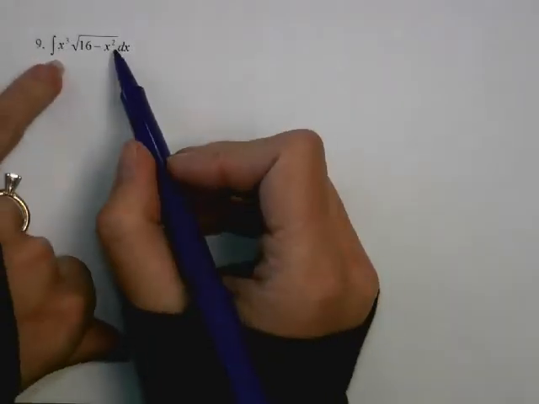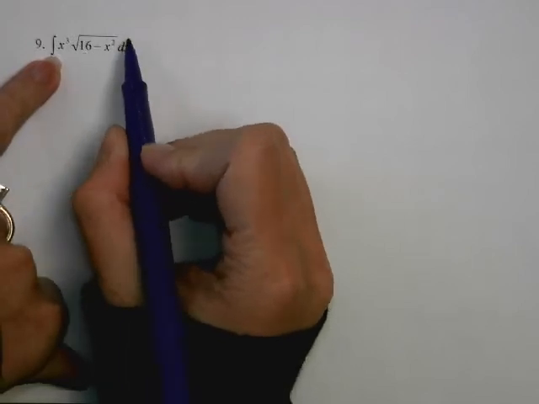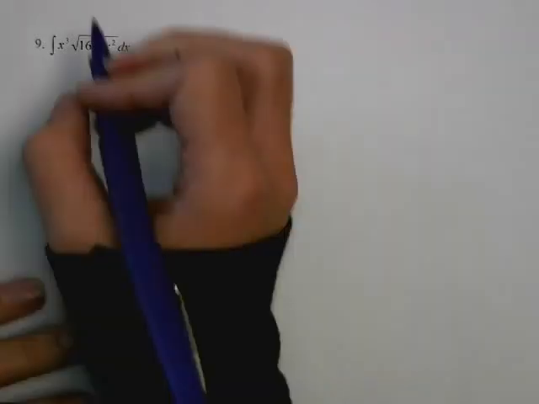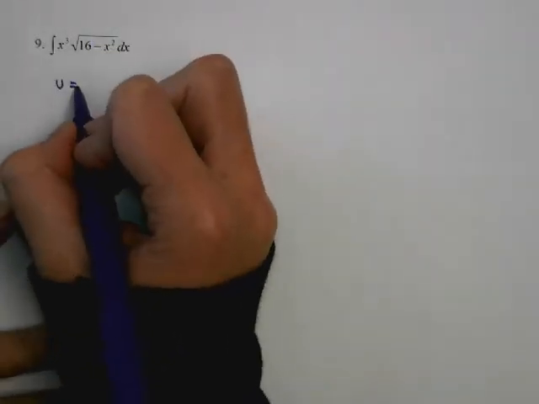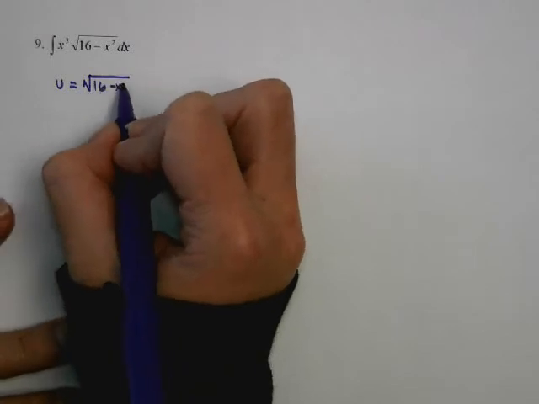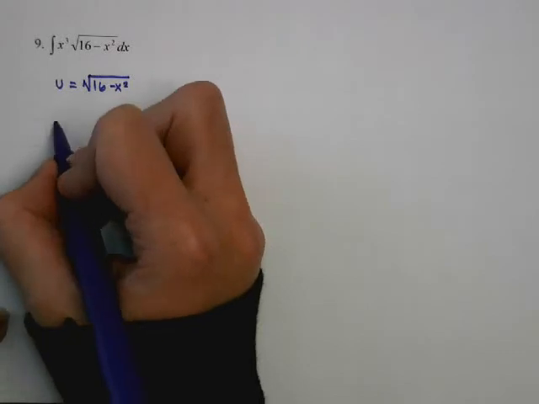All right. So again, if these had been switched, then we would just do a u substitution with just what's under the radical. But since this is not the derivative, we'll go ahead and let u equal our 16 minus x squared. And again, just kind of see where this leads us.